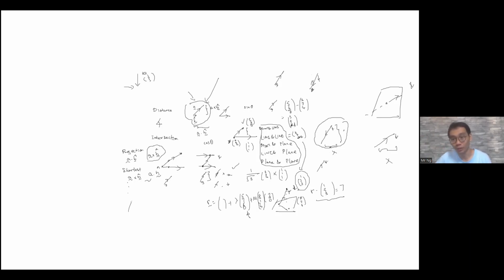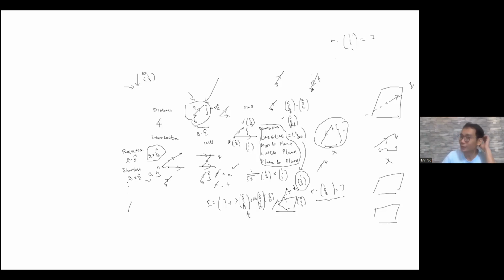I'm talking about plane and plane that are parallel. Plane and plane that are not parallel doesn't make sense to have a shortest distance, or a length of projection. So let's say r dot (1, 1, 1) equals 2, and r dot (1, 1, 1) equals 3.